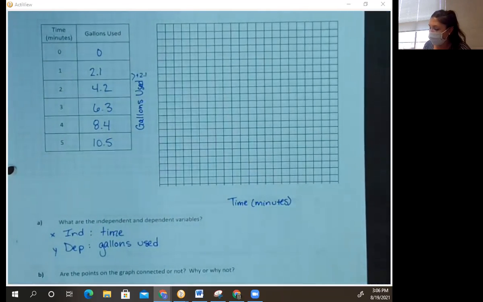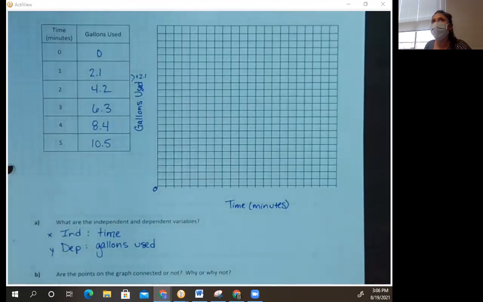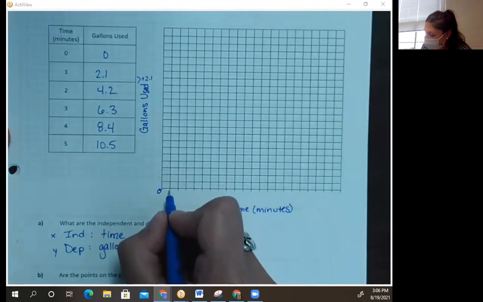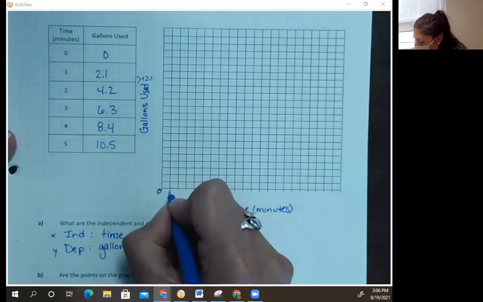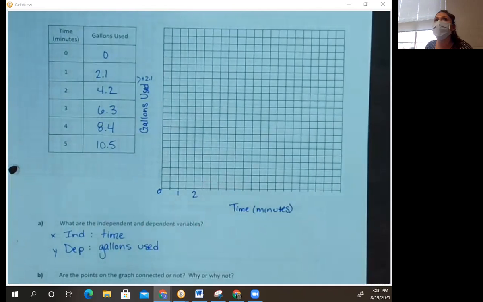For this particular problem, if we label, this will work for both of our axes, if we label it as each tick is a half, meaning 1 would be here, 2 would be here, we get a pretty good fit.